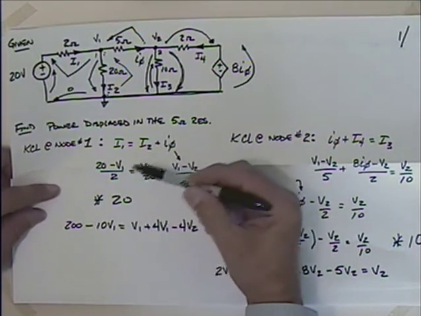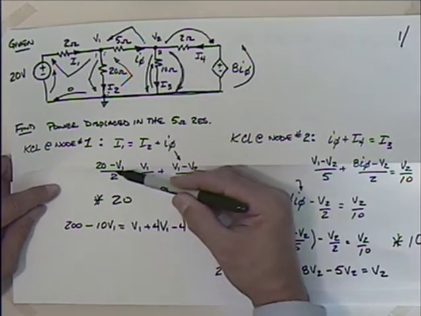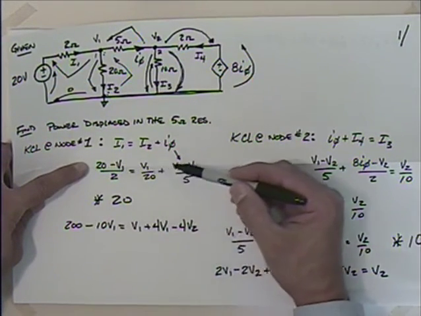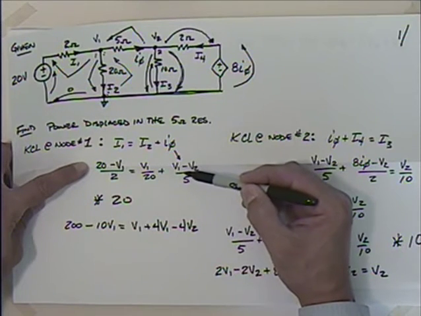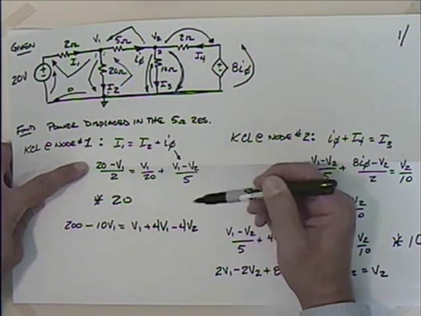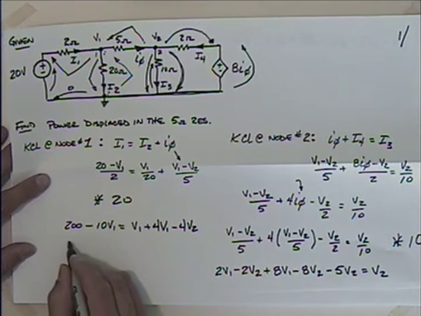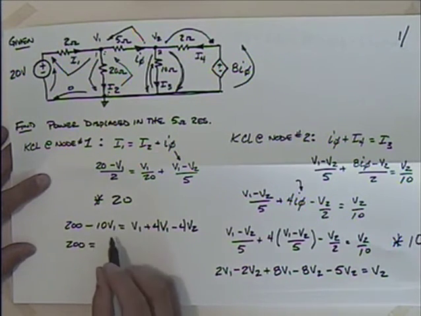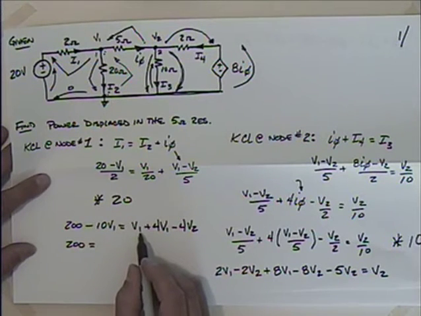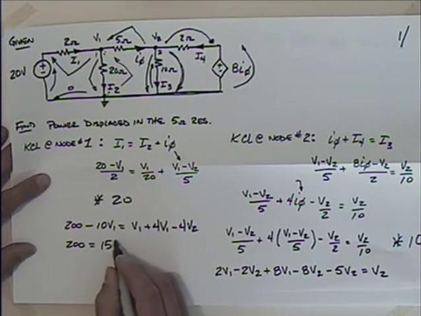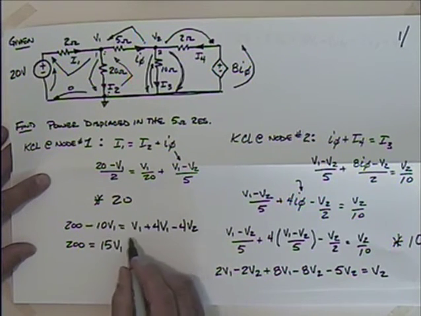Is that right? Multiplying this equation by 20, you're going to end up multiplying this term by 10, so 200 minus 10 v1. This would then be multiplied by 4v1 minus 4v2. I could group up the terms if I wanted to, rearranging things. I would have 200 is equal to, this is going to go over as positive 10v1, there's 11v1, 15v1, and what do we have?